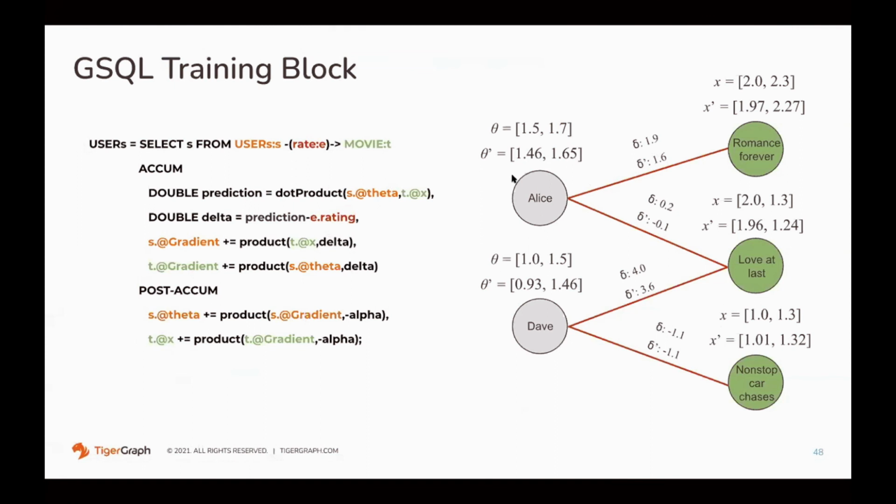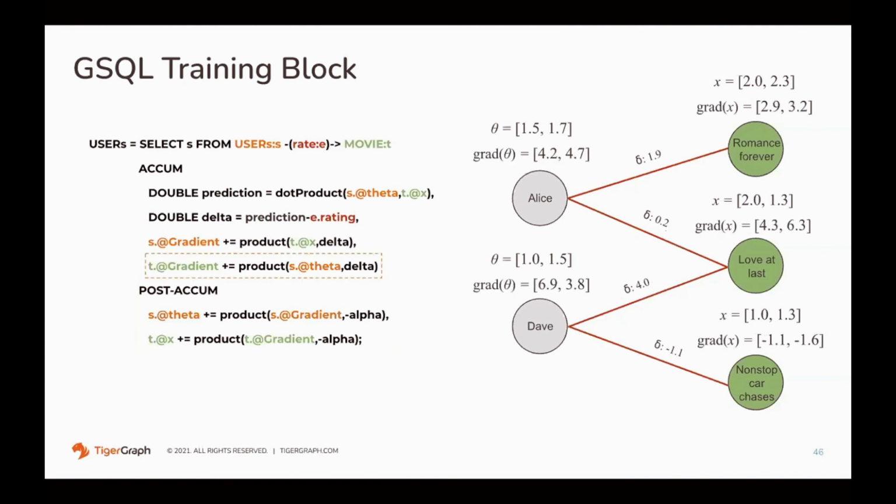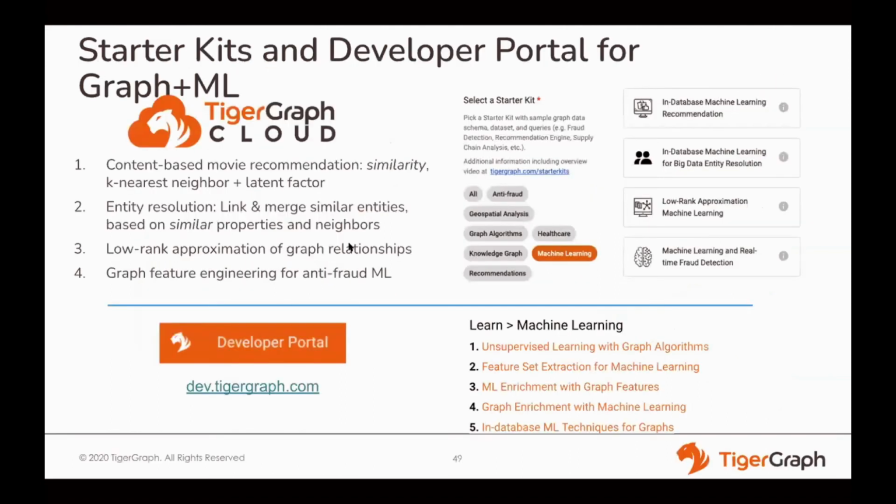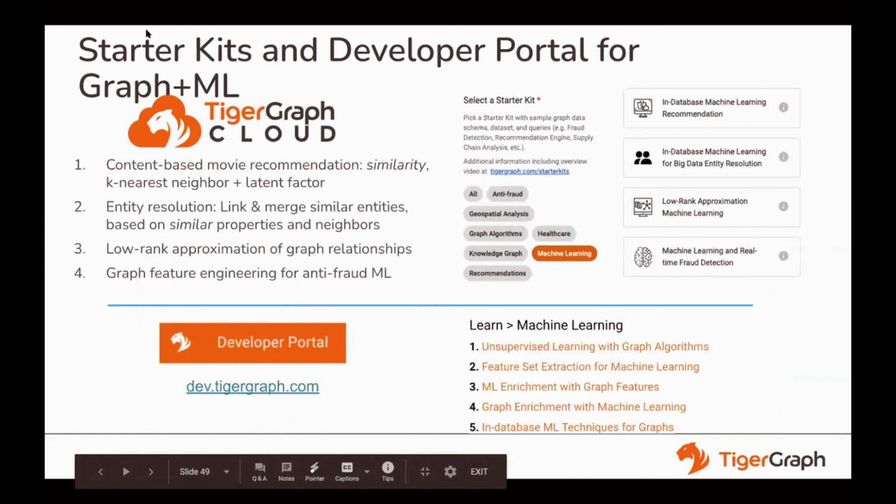In GSQL you can do loops, as well as limit those loops to a particular number of epochs, and then you'll get the results there. It's not in this query, but I can show that on the cloud.